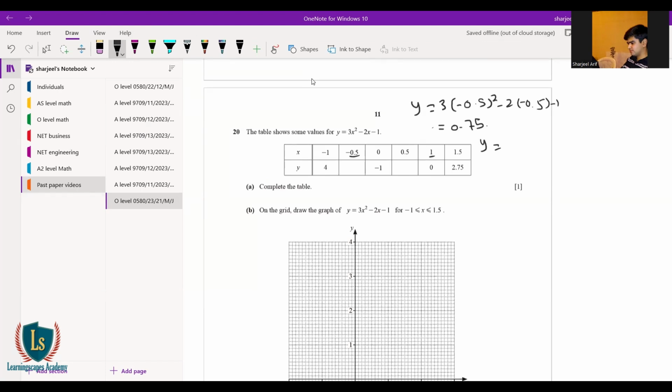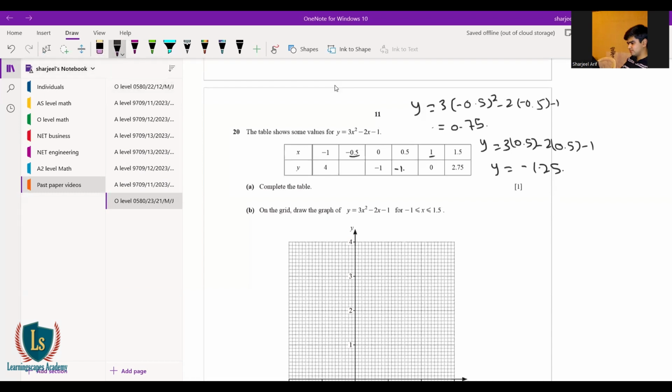And for the second part, when x is 0.5, the answer will be minus 0.5, minus 1.5, minus 2, and this is minus 1.25.